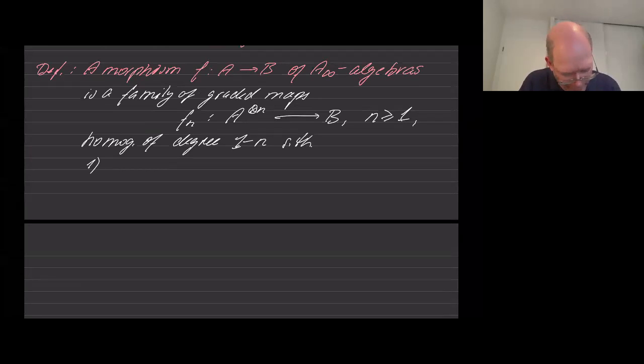F1 composed with M1 is M1 composed with F1. So F1 is just a morphism of complexes.